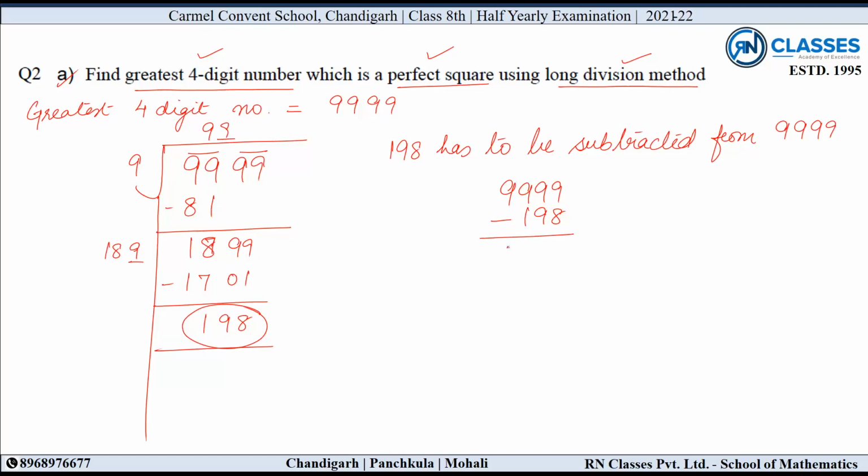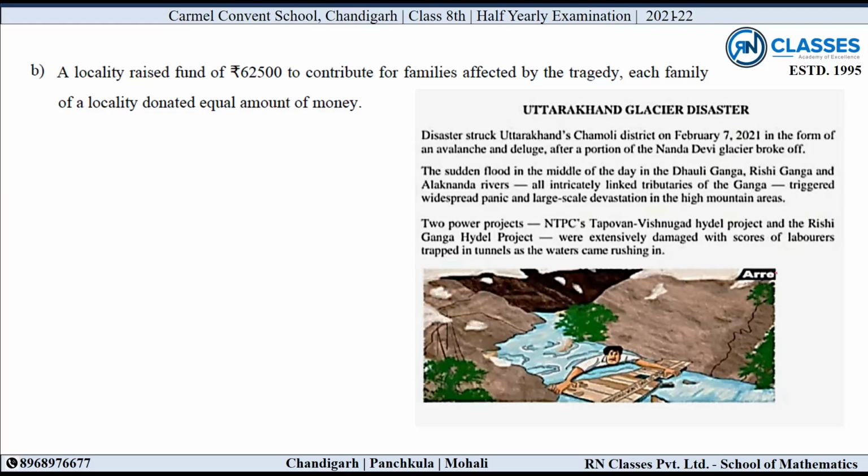We'll get 9801, which is actually 99 square. So 9801 is a perfect square. You have to write it down because it is a subjective paper, and these things what you write carries marks, right? Moving on to part B of the question.